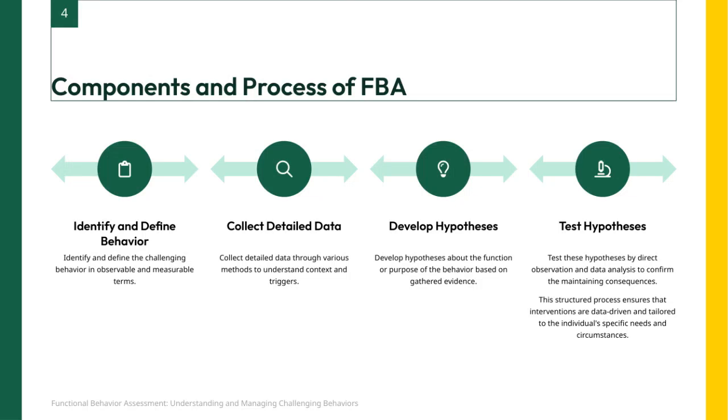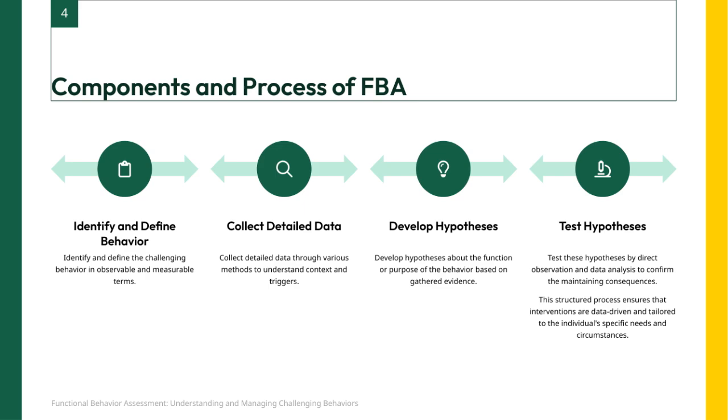First, we start by identifying and defining the challenging behavior in clear, observable, and measurable terms. This ensures everyone understands exactly what behavior we're addressing. Next, we collect detailed data using various methods to capture the context and triggers surrounding the behavior. With this information, we develop hypotheses about why the behavior is occurring, basically, what function it serves for the individual.